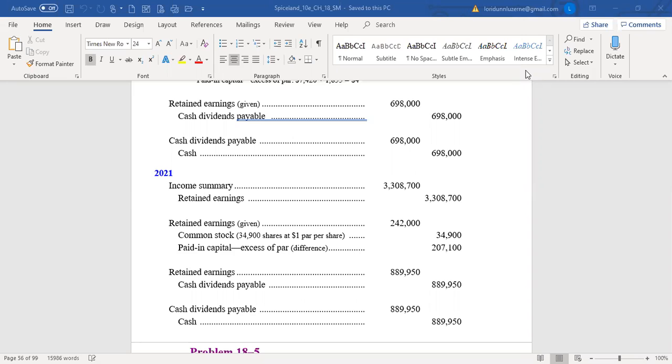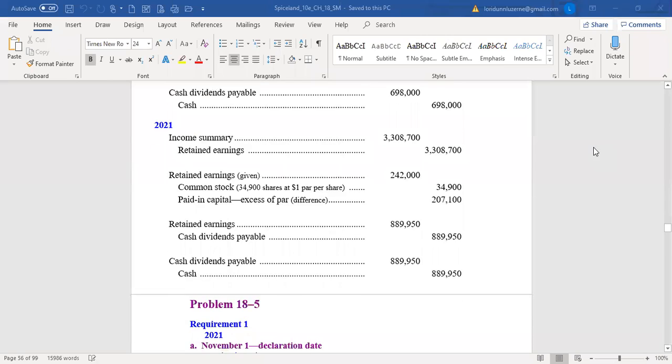That's the day the Board of Directors says they're going to pay a dividend. Now, when it's a cash dividend, as it is here, that's the day the Board of Directors binds the corporation to pay a dividend, cash. Since they're binding them to pay cash, that's the day a liability is created.